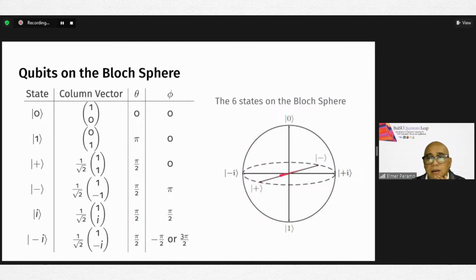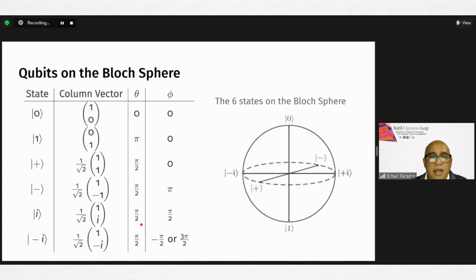This is the real axis, and this is your imaginary axis. This is your positive imaginary, this is your negative imaginary. This plane that cuts across the equator is your complex plane that I discussed in the previous slide.